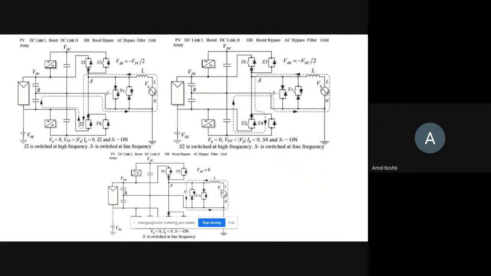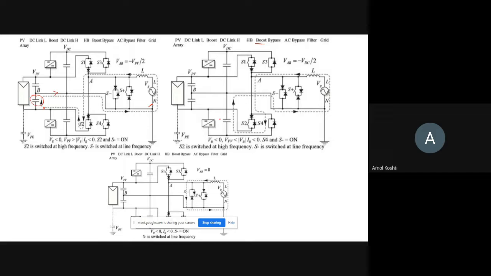Now for the negative half, you see we are using this capacitor, and the current is flowing through it, through the grid, and again through the S2 switch, and it is closed here. So the negative half is produced. Again, the boost operation is used here.